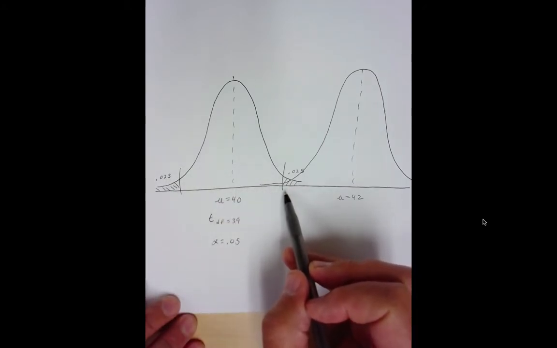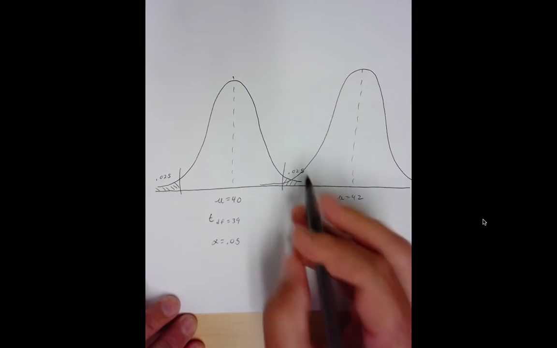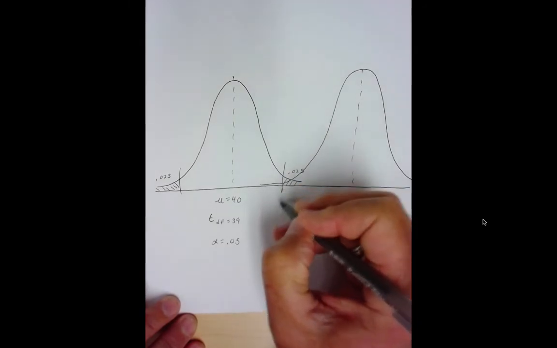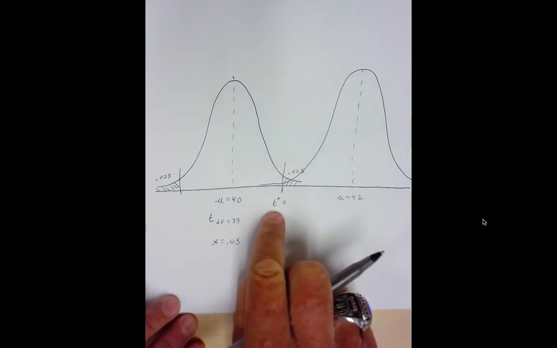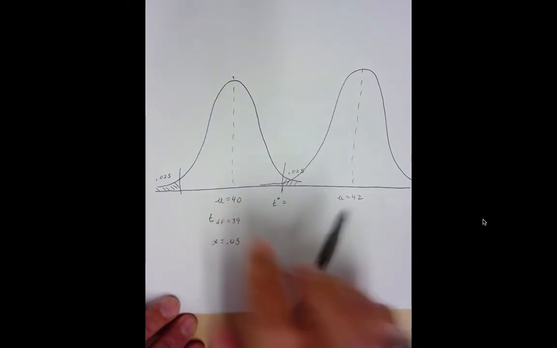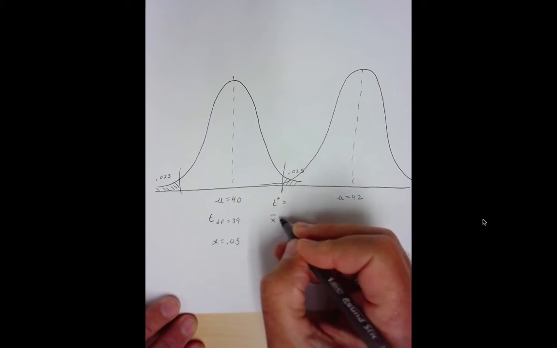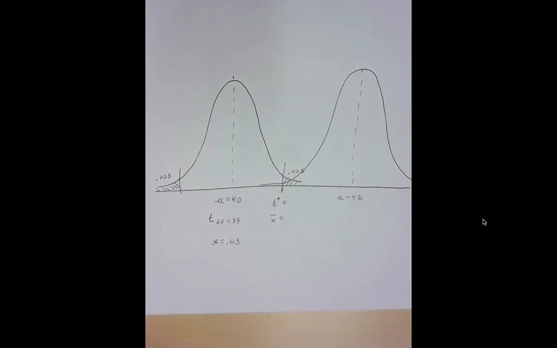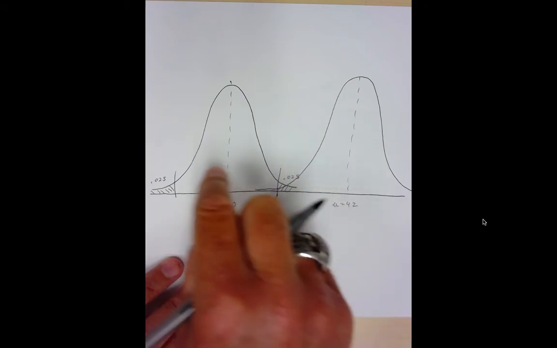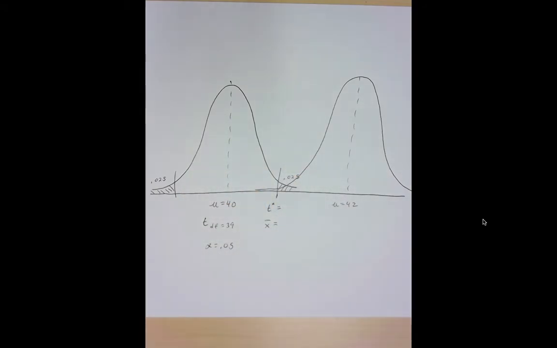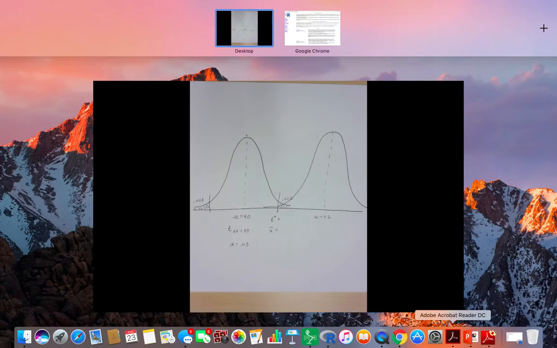We'll talk about that in just a second. So this 0.025. So I need to come in here and find the t-critical. That's the decision point for the hypothesized distribution. And I need to find the sample mean that separates the fail to reject and the reject region in the hypothesized distribution. So guys, we should be good at that by now.